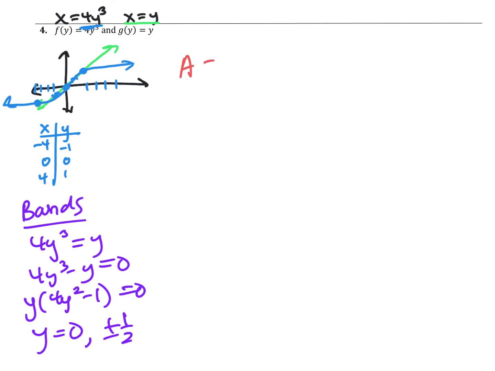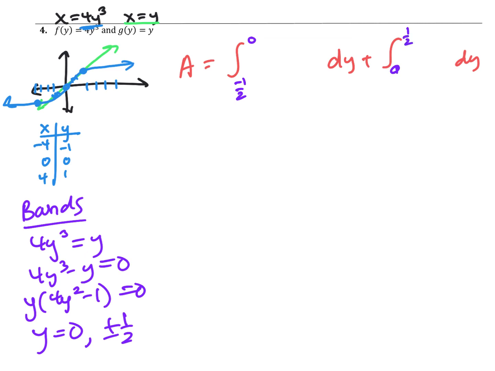So I'm going to have the area with respect to y plus another area with respect to y. And what are those bounds going to be? Well, the first area is going to go from -1/2 to 0, and the second one from 0 to 1/2.